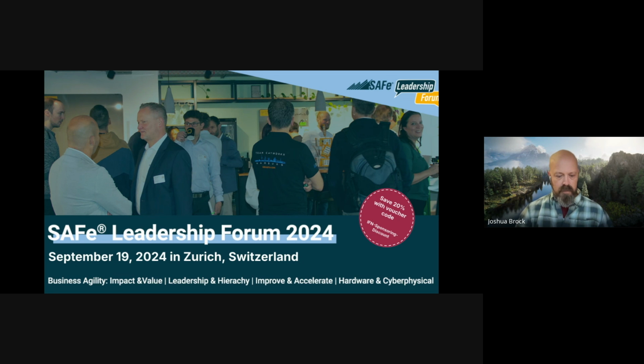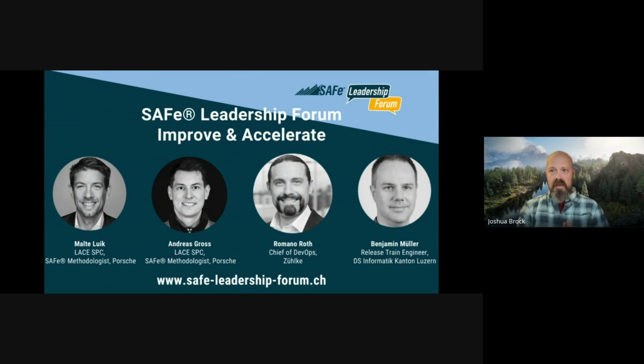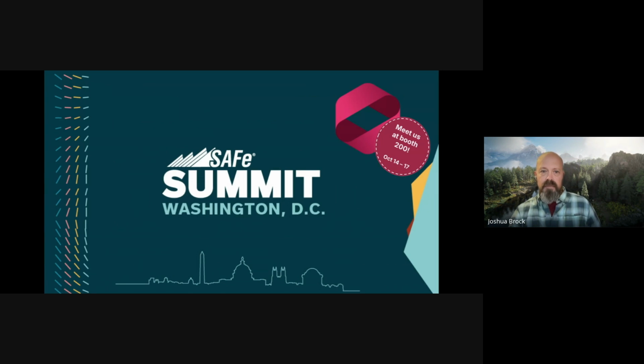It has a great lineup, specifically Benjamin Mueller of Canton Luzerne, who will also talk about their SAFe implementation journey and how Agile Hive has supported them along the way. So you won't want to miss that one.